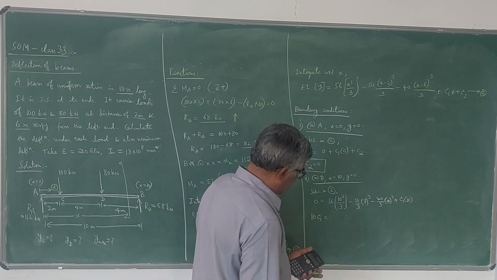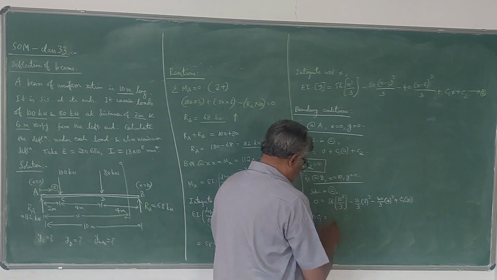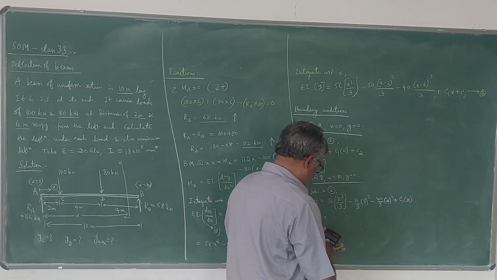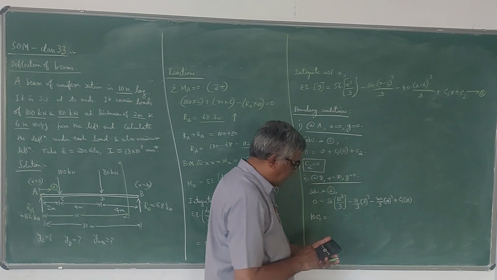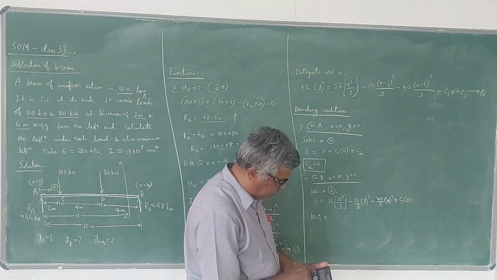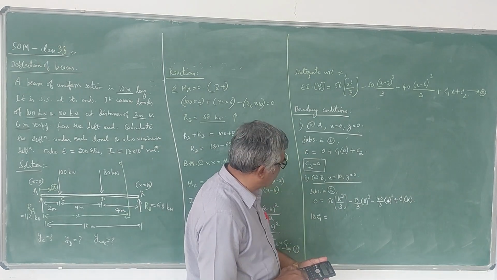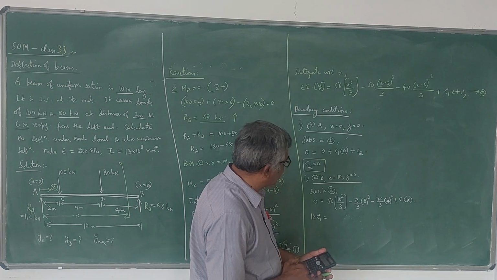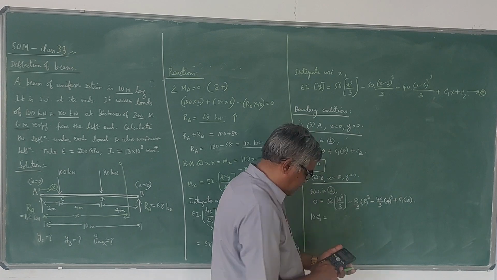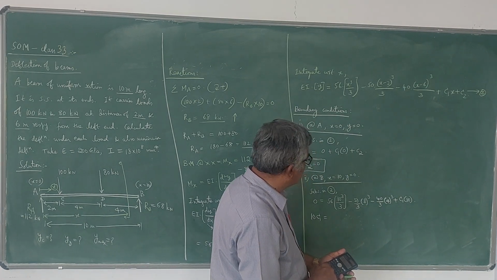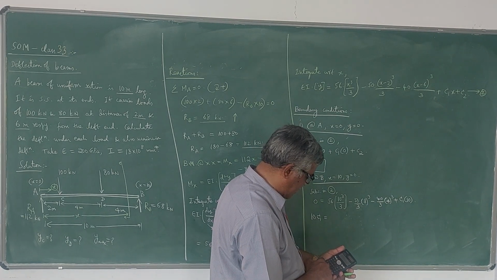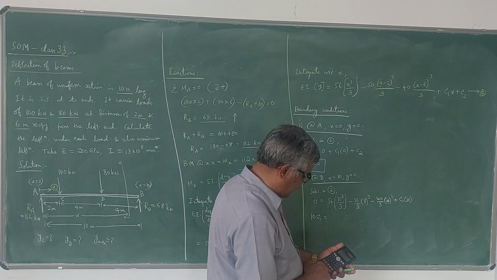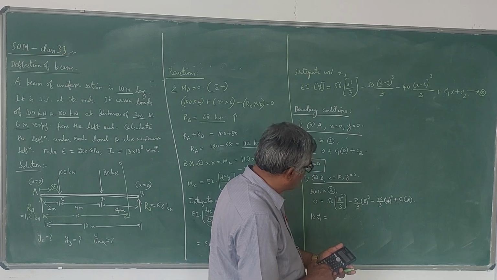Then the second value is plus 50 into 8 cube divided by 3. This also becomes plus 40 into 4 cube, which is 64, divided by 3.